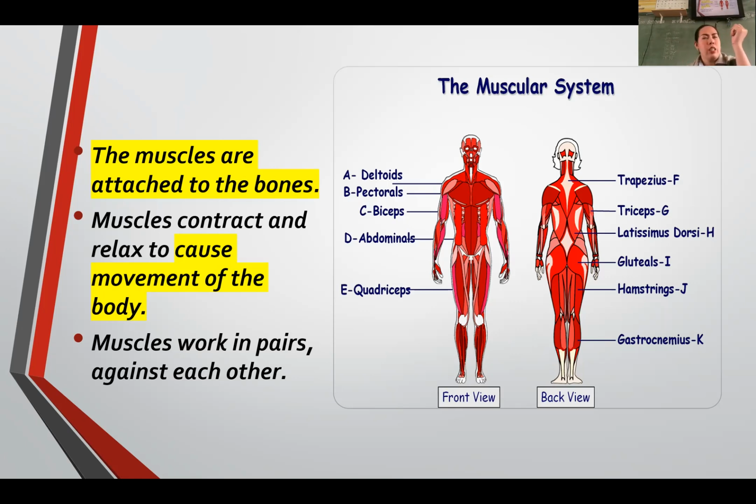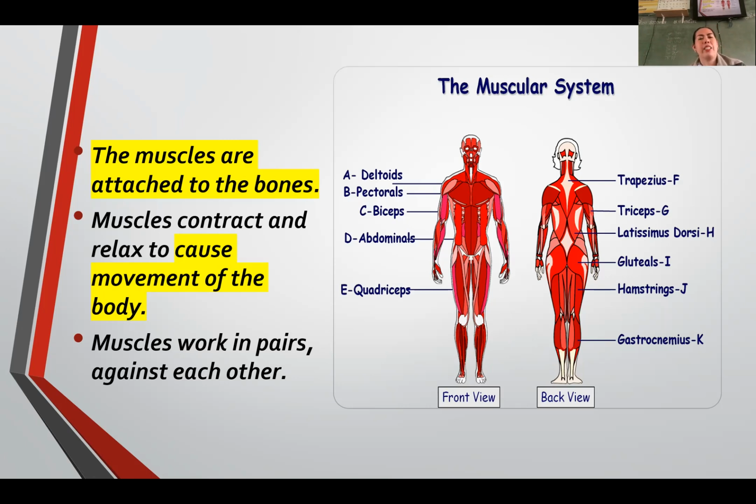So the muscles are attached with our bones. Next bullet, muscles contract and relax to cause movement of the body. The reason why our body is moving is because the muscles are contracting and relaxing.